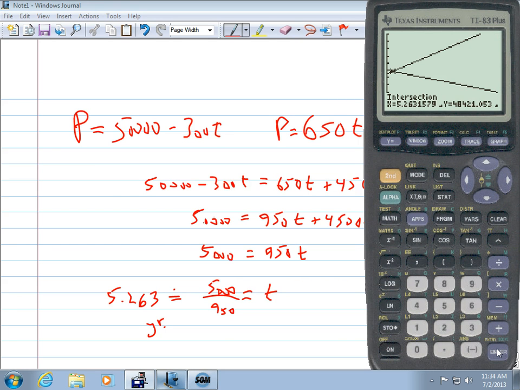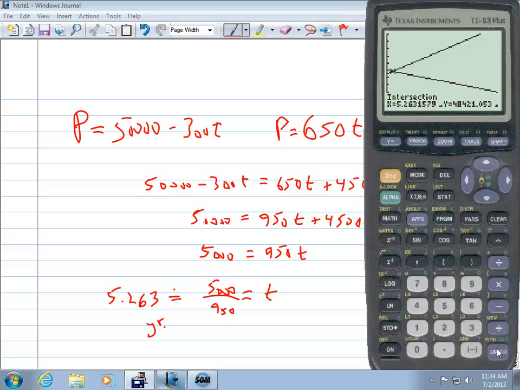But what else do we get? We get the population at that time. So the question was really twofold. When do they have the same population, after 5 some odd years, 5.26 years, right? And what that population is: 48,421.053 people. You can't really say that. What's a .053 person?